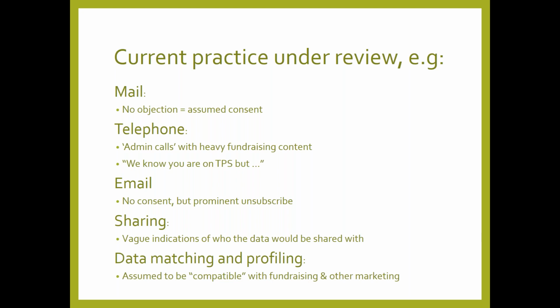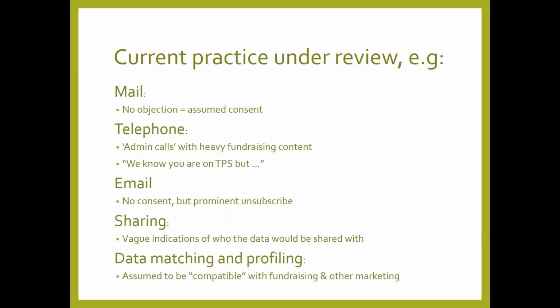A lot of fundraisers have said, well, of course we analyse our donors and try to decide whether it's worth approaching them again, and we go out and get additional information about the part of town they live. You know, we've got their postcode so we can see whether they live in a wealthy area of town, and therefore they might be more susceptible to giving us a bit more money.